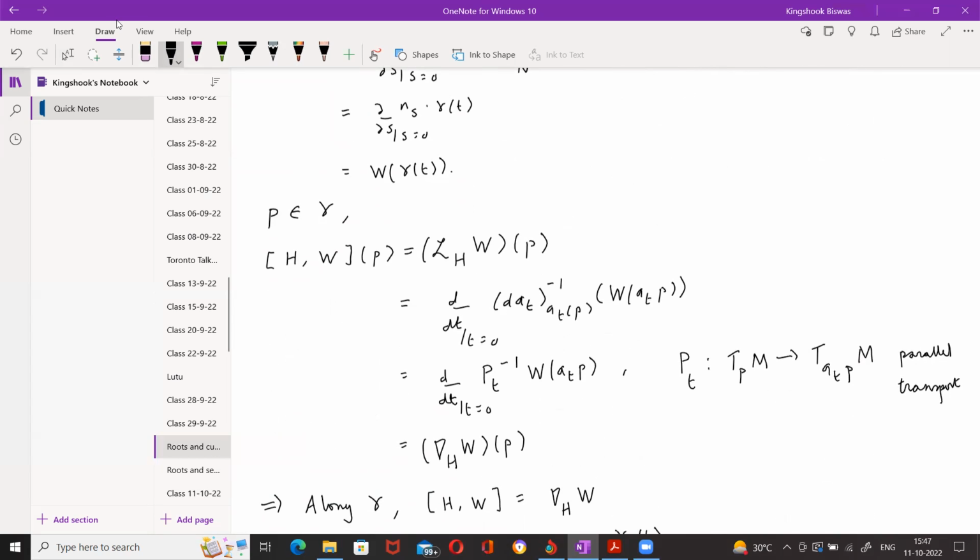The Lie derivative means I have to look at W along the integral curve of H. So that is A_t(P), right? And then I have to pull back by the inverse of the derivative of the flow of H, right? So that will be dA_t inverse at A_t(P), right? By definition this is the Lie derivative.